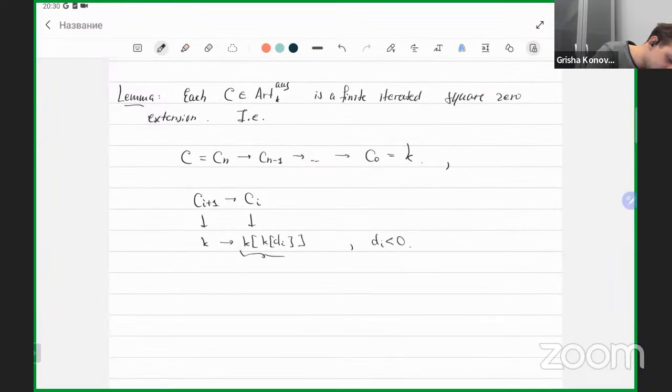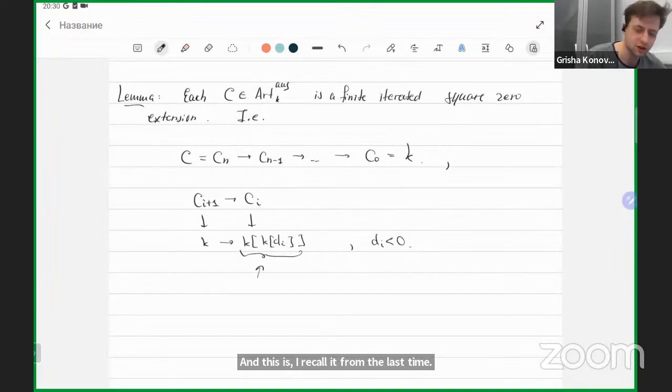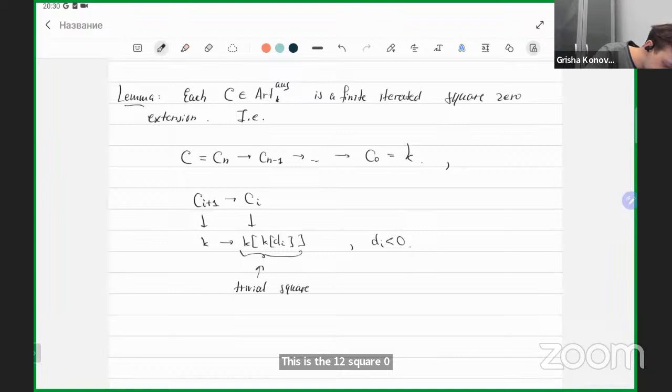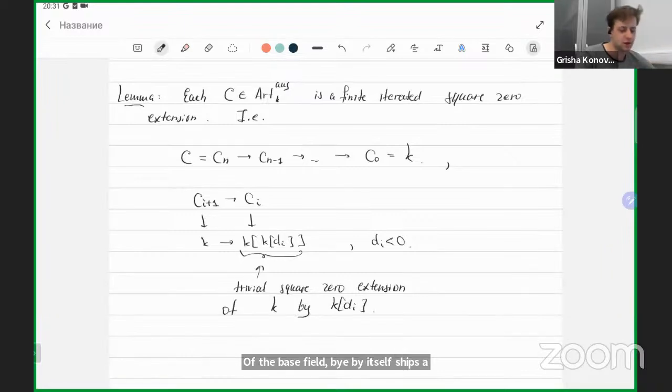And this is, I'm recalling my notation from the last time, the trivial square zero extension of the base field by itself shifted by d_i.